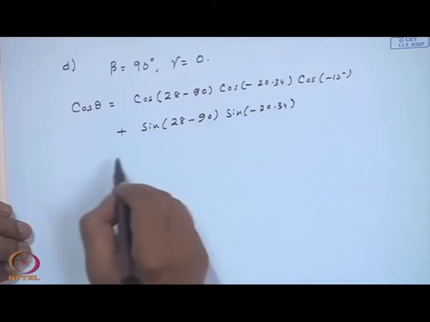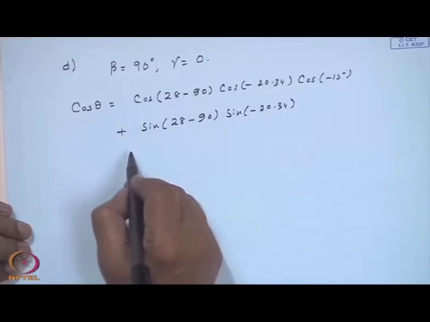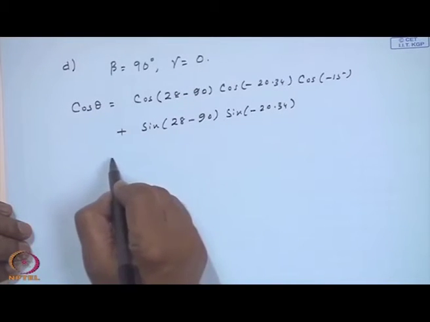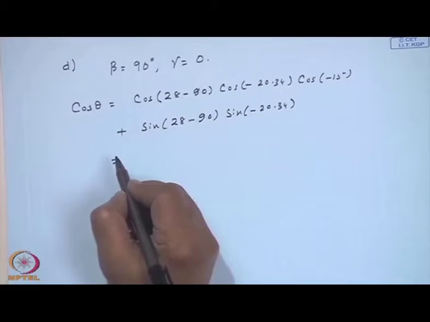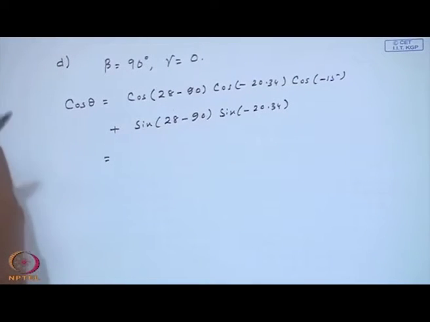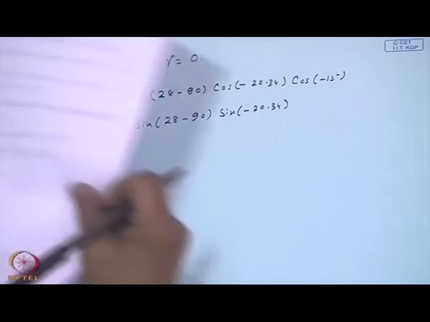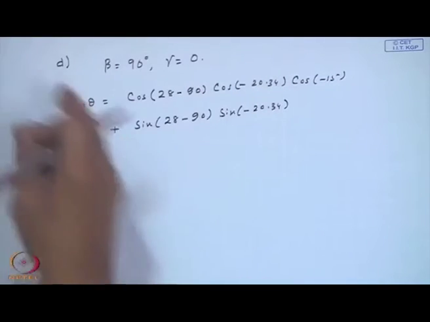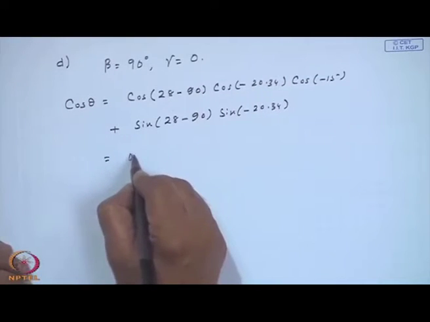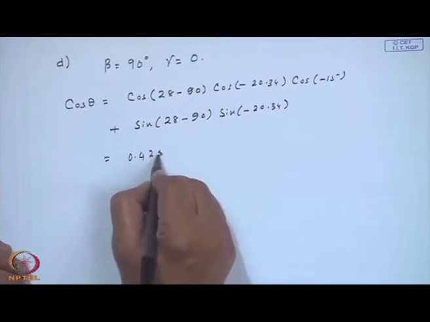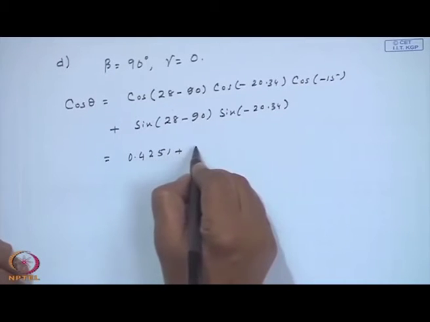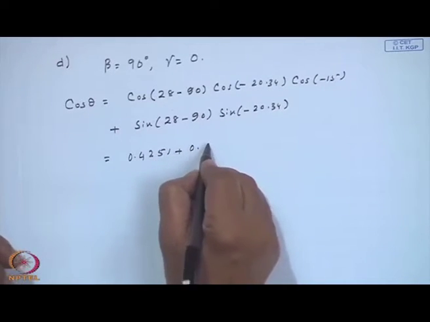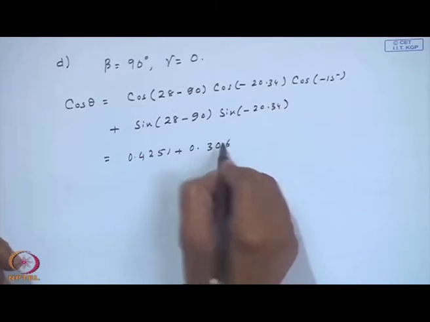That is all. So, you have got this equal to 0.4251 plus 0.306.